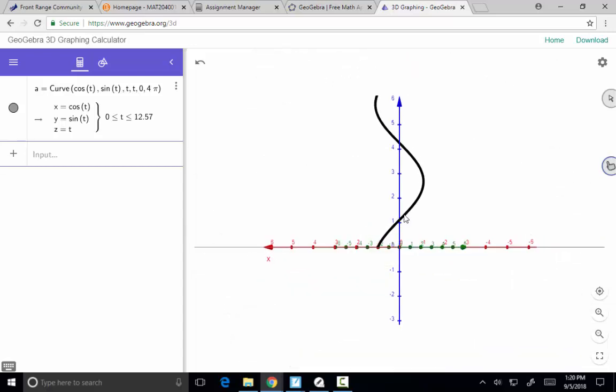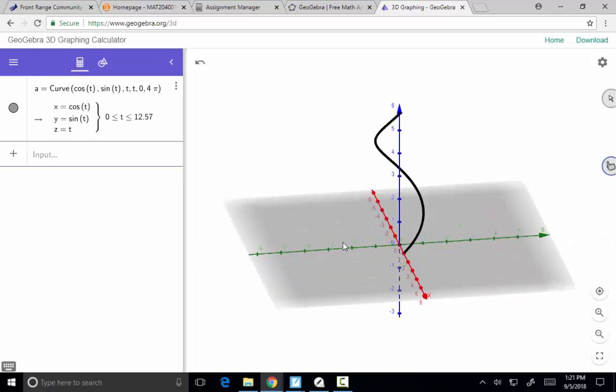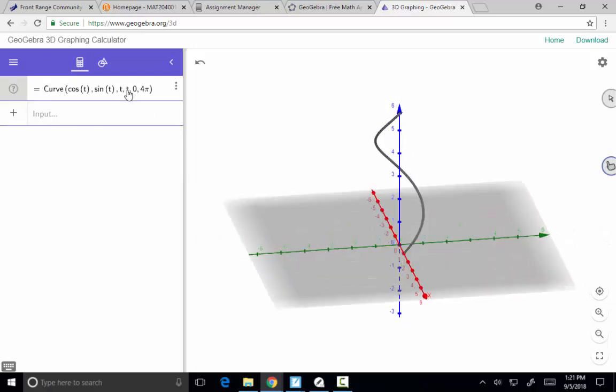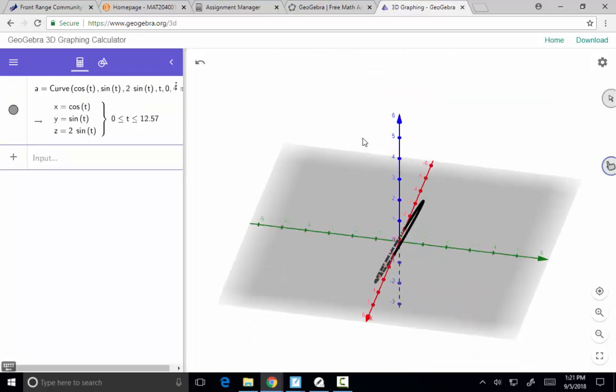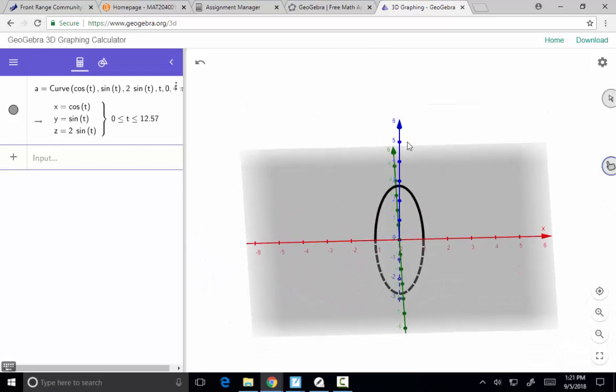But this program gives you a pretty cool idea of what some of these curves look like. So we can fiddle with these components over here. Maybe this is 2 sine of t. Whoops, 2 sine of t. That looks more like a tilted ellipse.